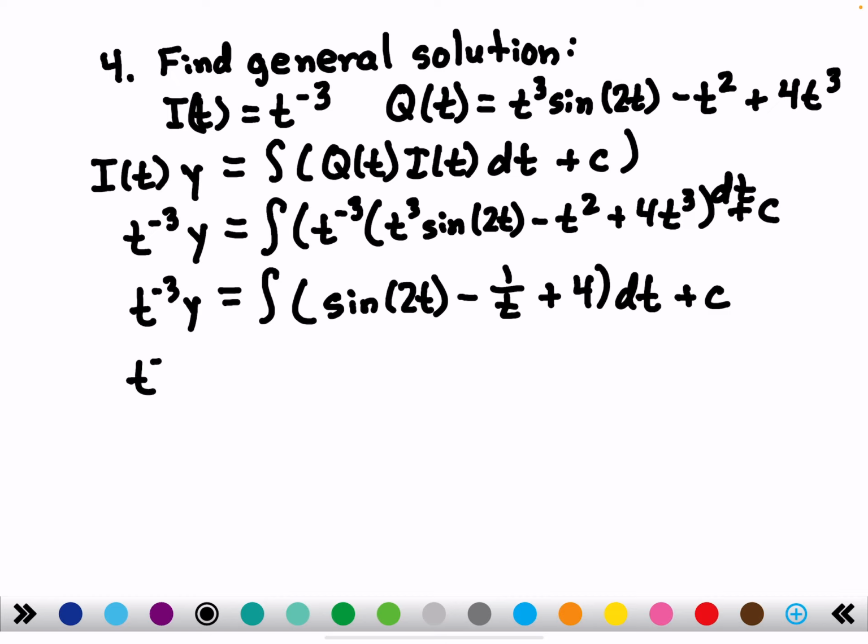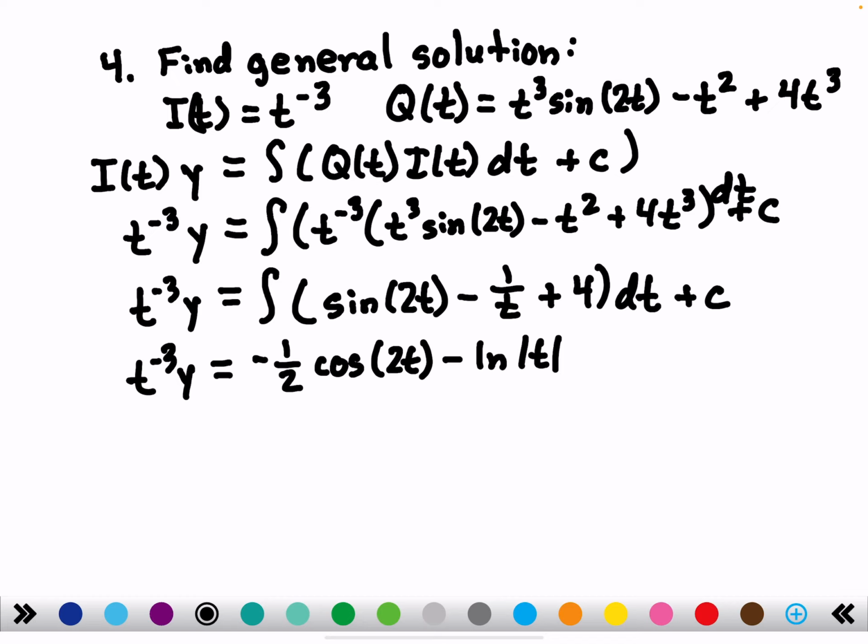Now we do the integration. The integral of sine of 2t is negative 1/2 cosine 2t. The integral of negative 1 over t is negative natural log of the absolute value of t.